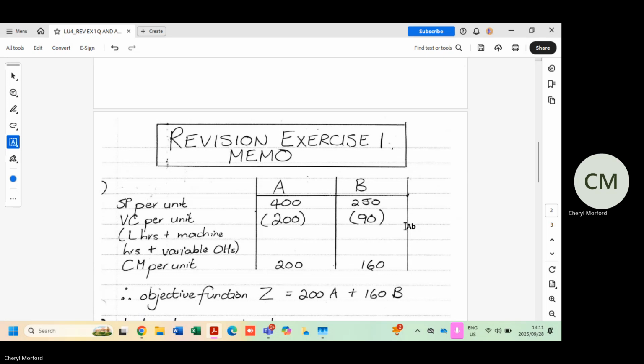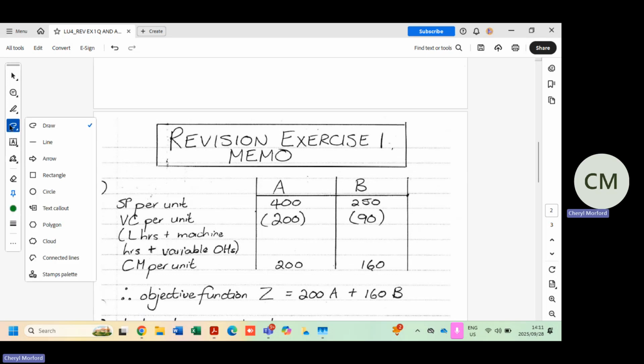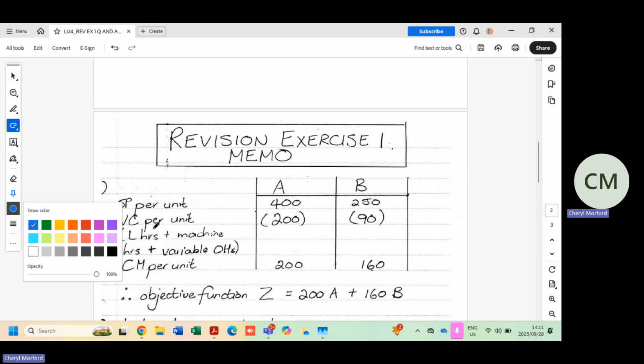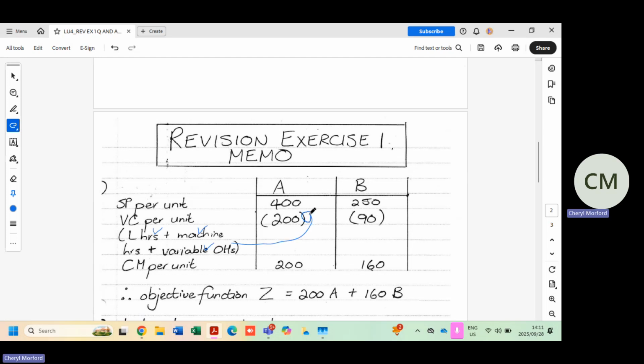Notice here, I've just saved a little bit of time. There's the cost for labor, there's the cost for machining, and there's also your variable overheads. Take those numbers together, add them. For A, it's 200, and for product B, it's 90. That's very easy. I'll leave you to do that.